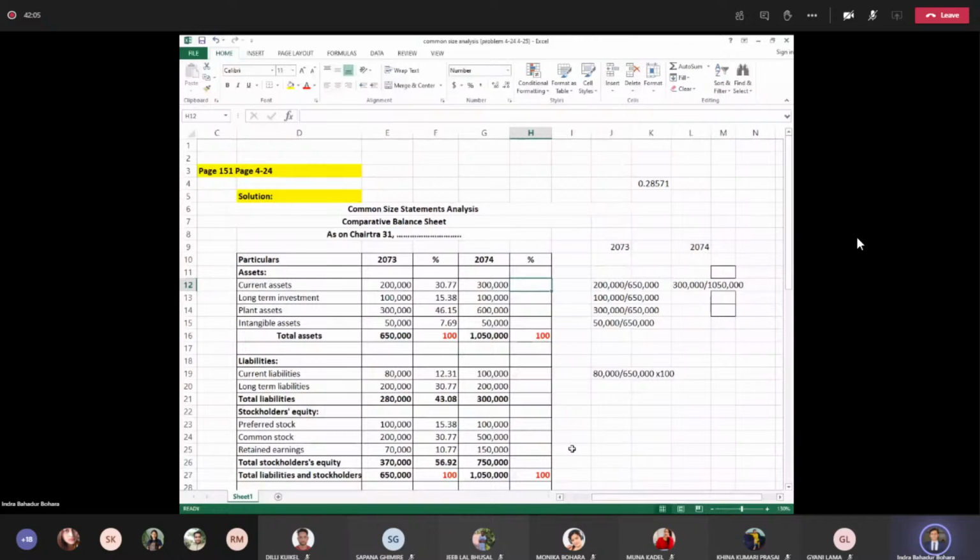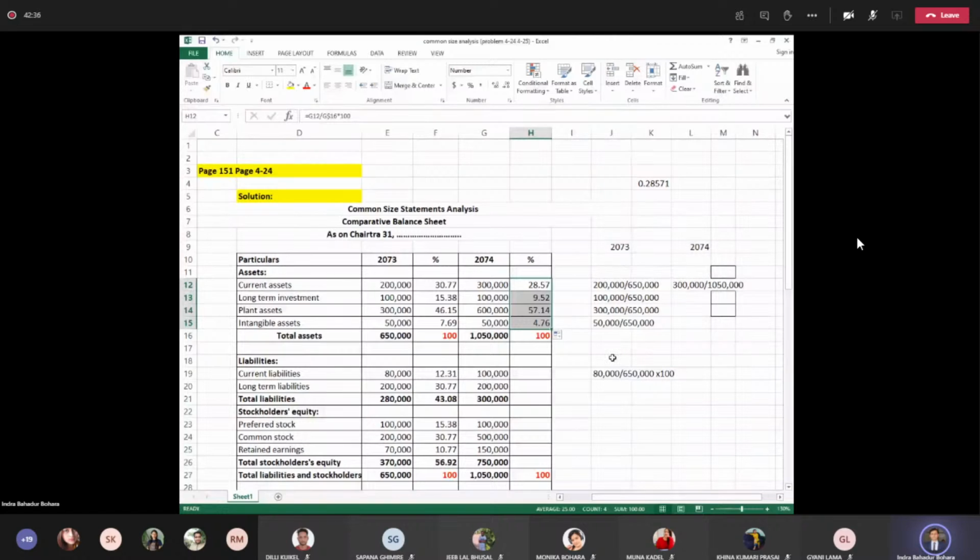Similarly you calculate for 2074. 3 lakh is the total current assets divided by 10,50,000 multiply 100 is 28.57.